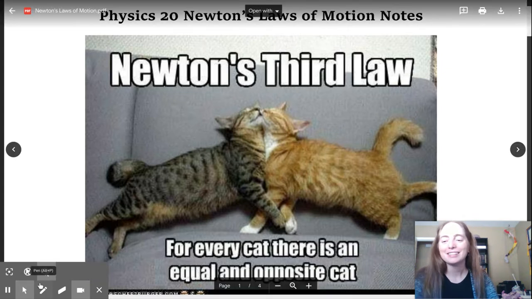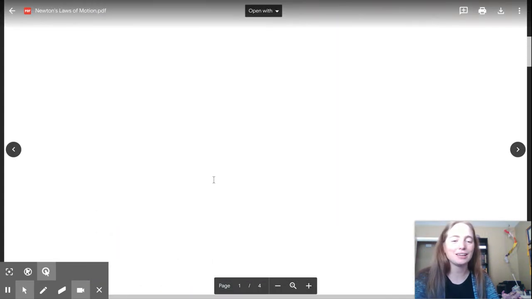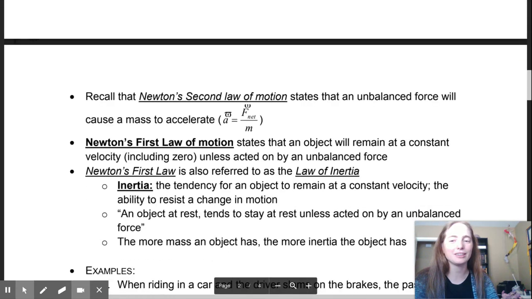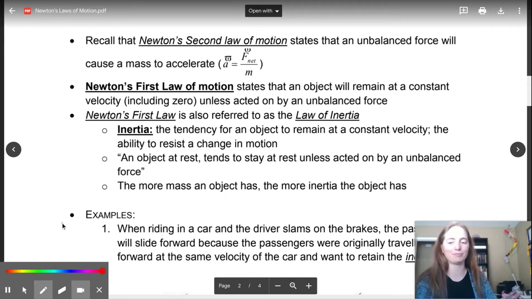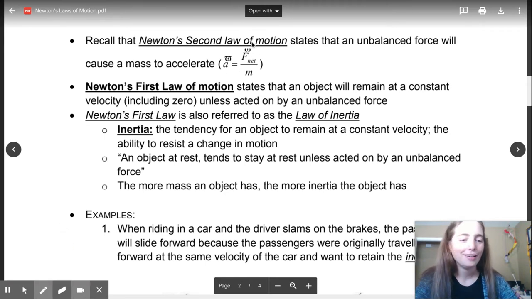All right. Ladies and gentlemen, Newton's laws, primarily focusing on the first and third. Newton's second law, we've already done a whole 47-minute video on that. Once again, I'm sorry, my vector arrows turned into wonky W's.